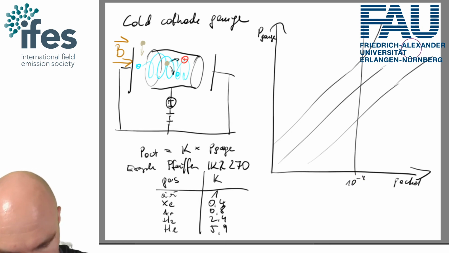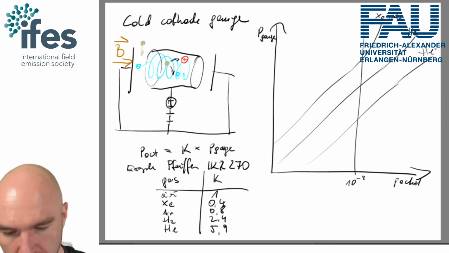You will see, for example, that for hydrogen it will go up a little bit. For xenon and krypton it will go up a lot, whereas for things like helium it will be pretty stable.